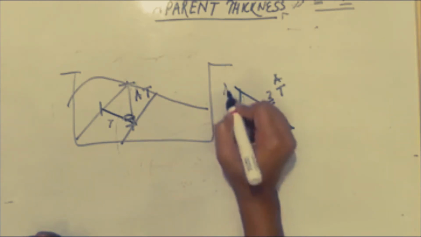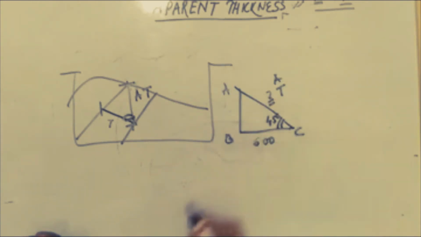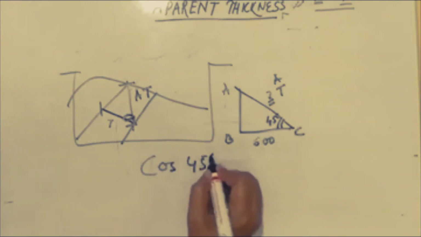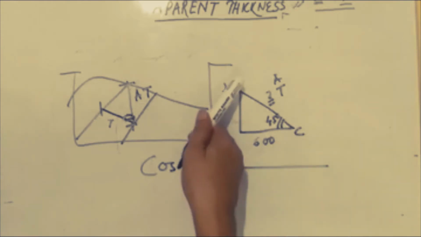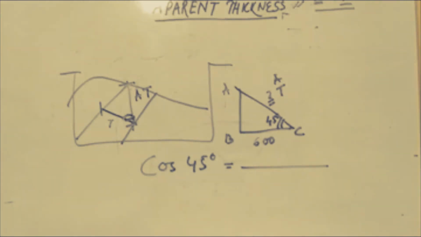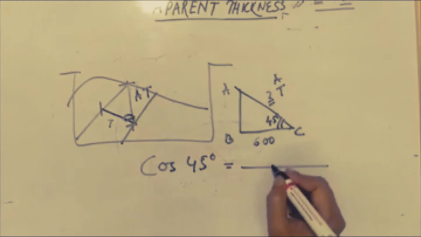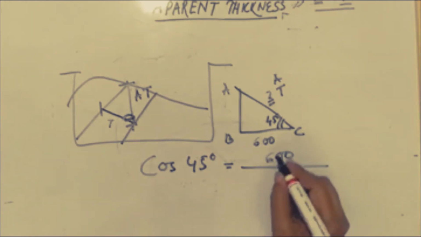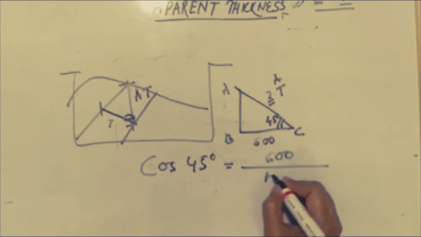For that calculation, you can go for the calculation of cos 45 degree is equal to hypotenuse divided by adjacent, 600 divided by hypotenuse.